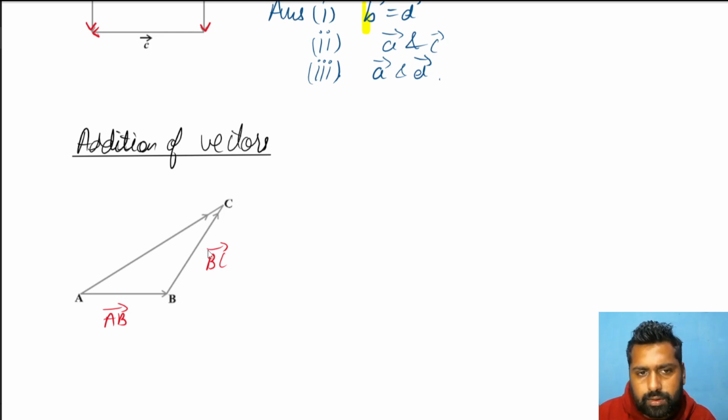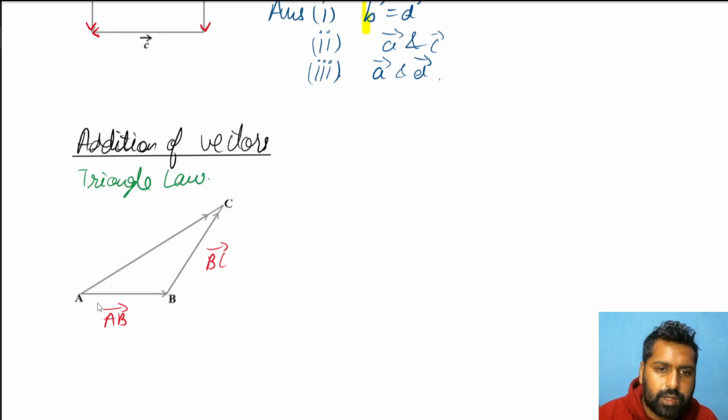First of all, this law is called the triangle law of vector addition. You can see clearly why it is called triangle, because it's looking like a triangle. If AB and BC are two given vectors, you arrange them like this so that the terminal point of the AB vector and the initial point of the BC vector coincide.